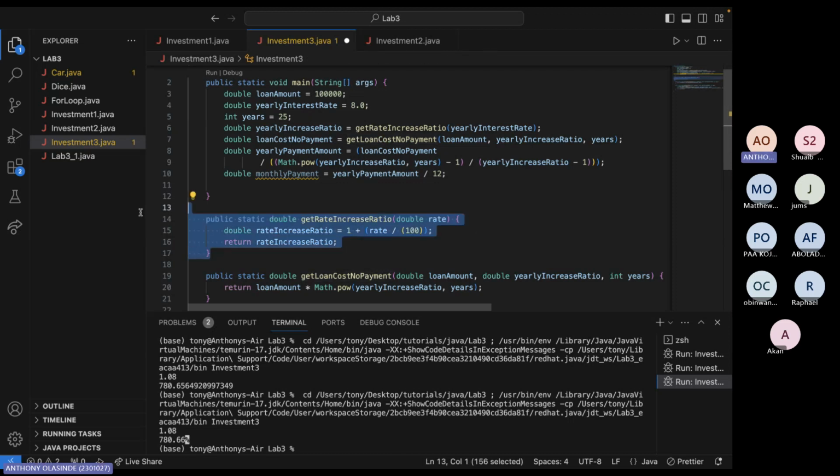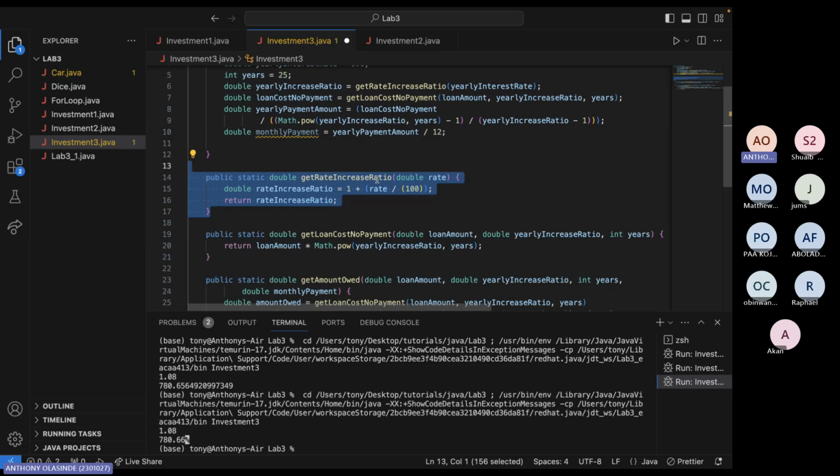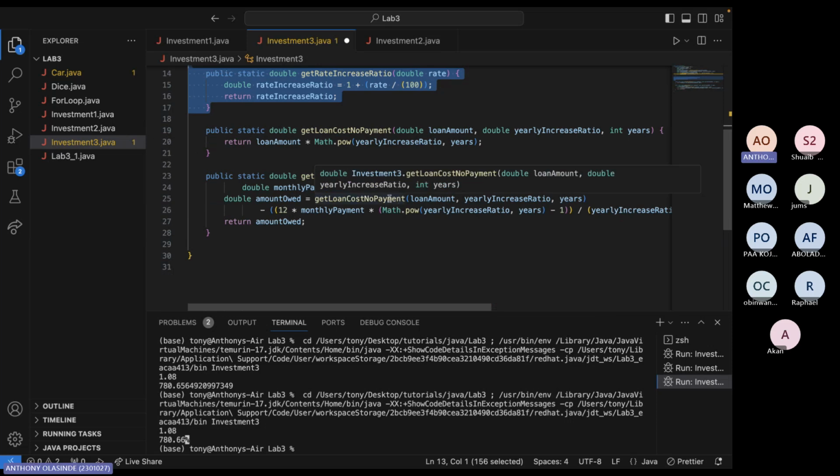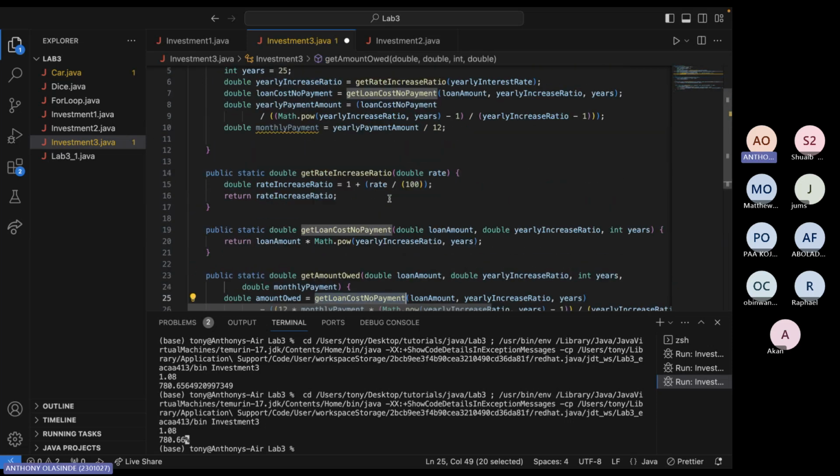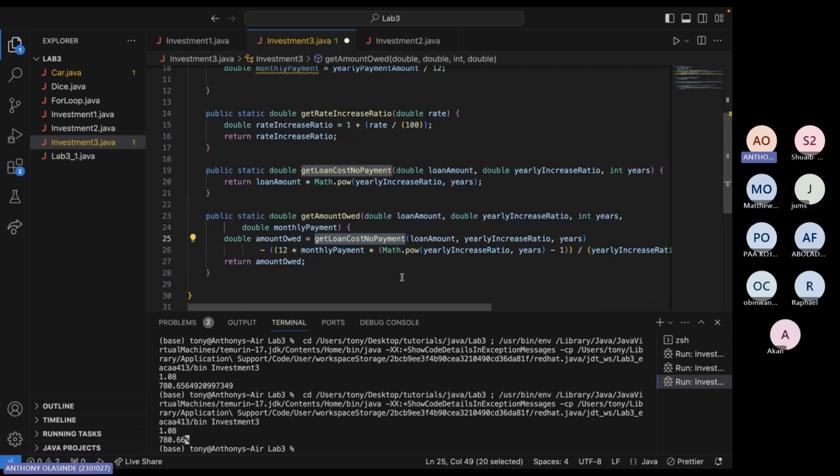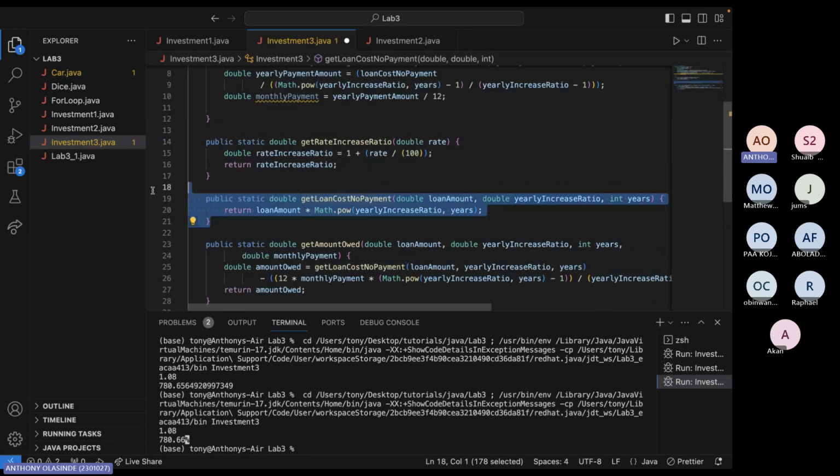That was why we made it a method. So we could just call that yearly increase ratio anytime we want to use it, right? Same thing goes for this get loan payment. You can see that we've actually been using it in multiple places now. That was why we made it a method. So when you start discovering you are using some things in multiple places, just take it out as a method.